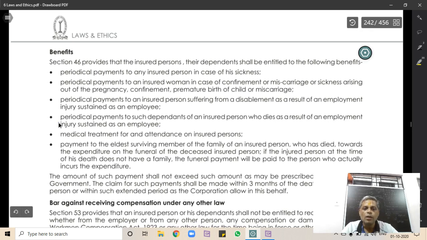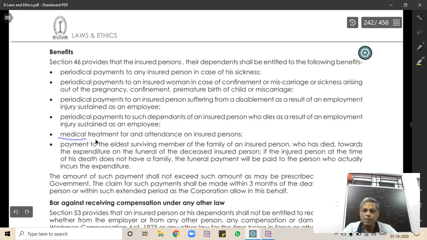Periodical payment to such dependents of an insured person who dies as a result of an employment injury sustained as an employee. So it's not only the insured person, but also the dependents who are eligible for certain benefits under the Act if the insured person dies as a result of an employment injury sustained as an employee.